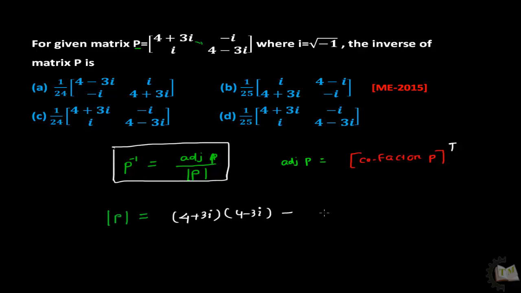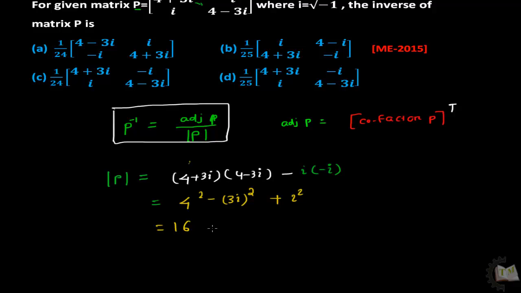Minus i into minus i. Now apply the formula (a plus b)(a minus b), which is a square minus b square. So we can write 4 square minus the whole square of minus 3i, that is minus minus plus i square. It will be 16 minus 9 i square plus i square, which equals 16 minus 8 i square.